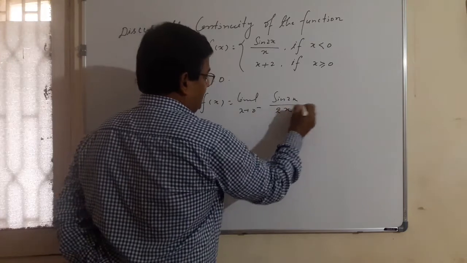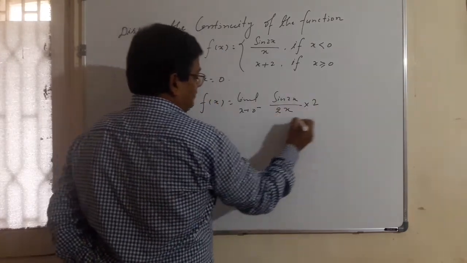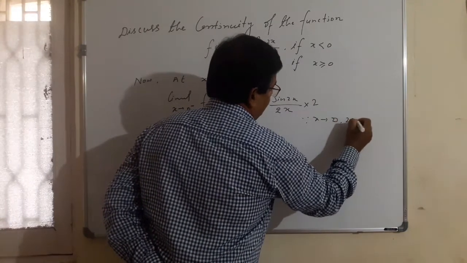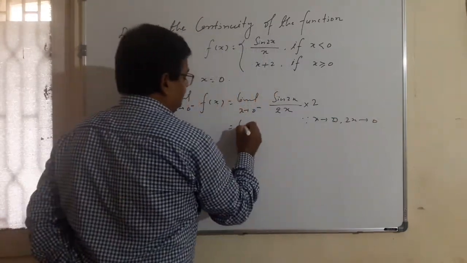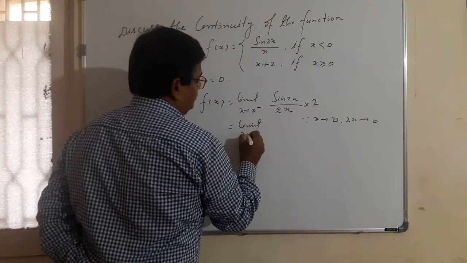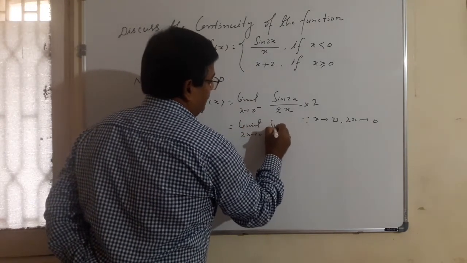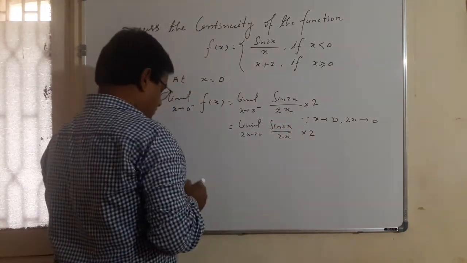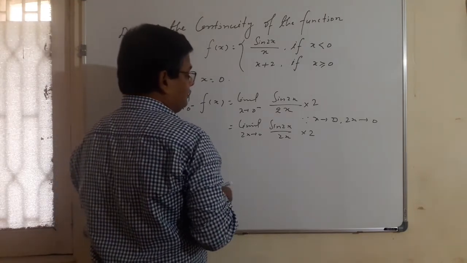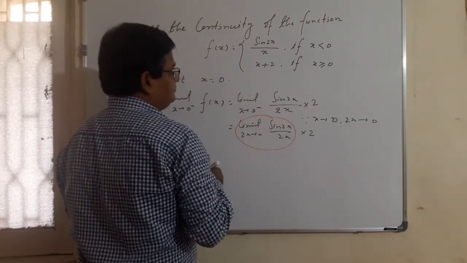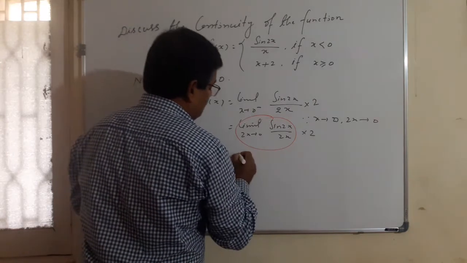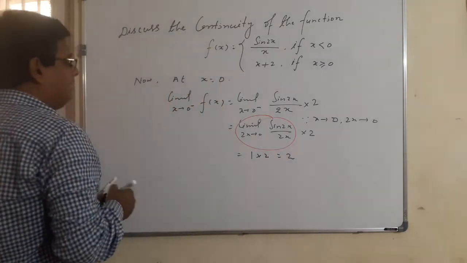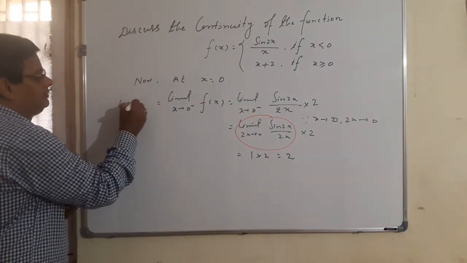So here 2 multiply and here 2. Since x tends to 0, so 2x also tends to 0. So it means limit 2x tends to 0, sine 2x divided by 2x into 2. So this one is equal to 1. So 1 into 2 equal to 2. So this is your left hand limit.